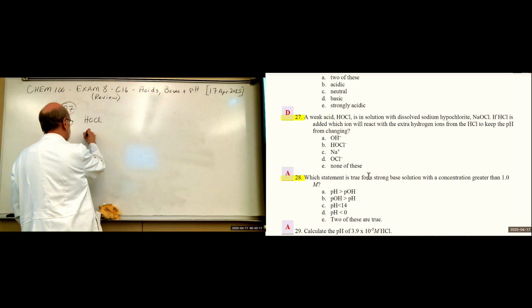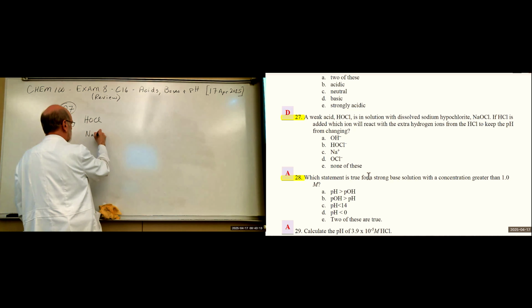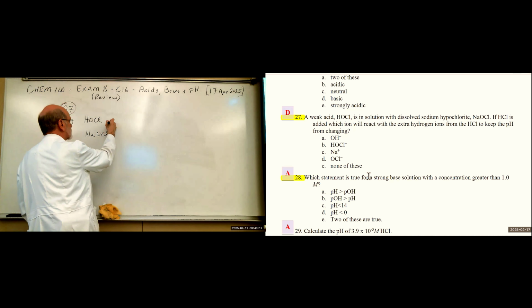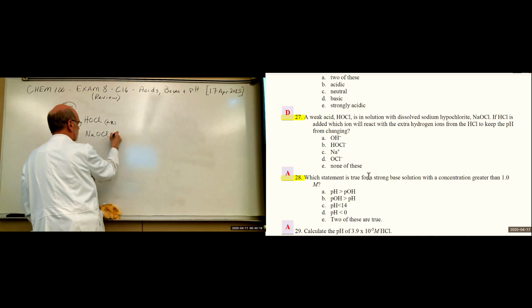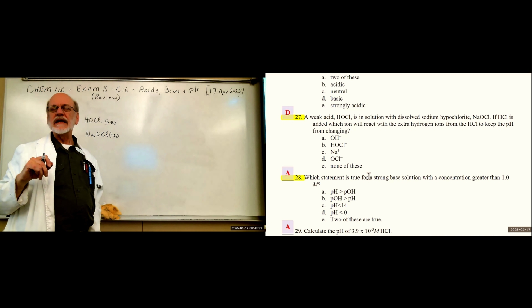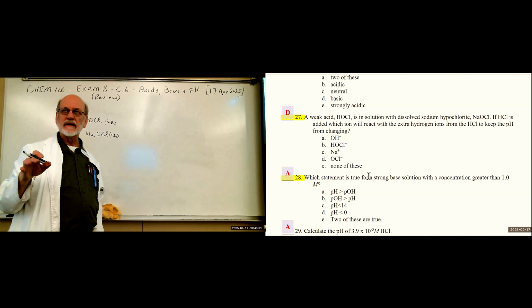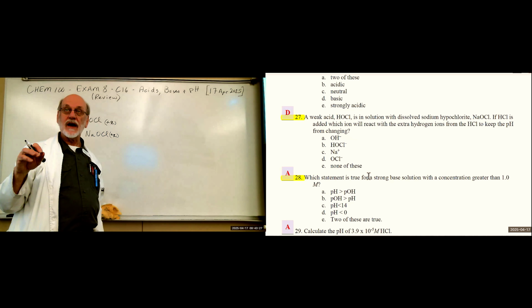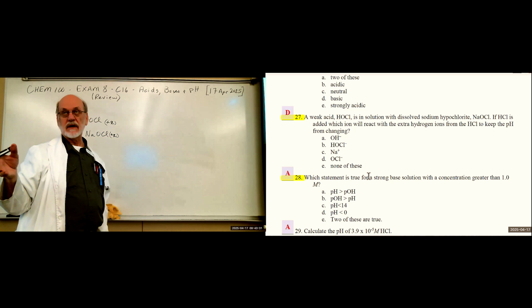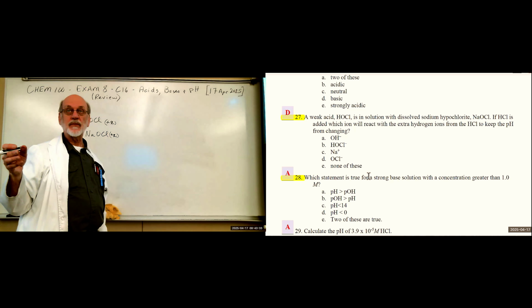So it's in solution with sodium hypochlorite. These are both aqueous. And what else are we given? If hydrogen chloride is added, which ion will react with the extra hydrogen ions from the hydrochloric acid to keep the pH from changing?